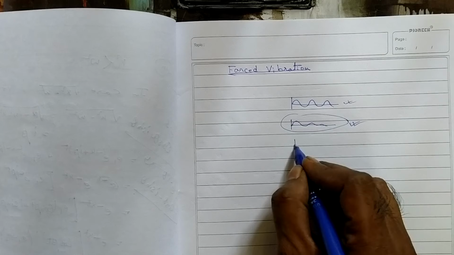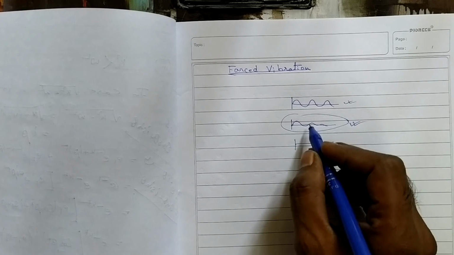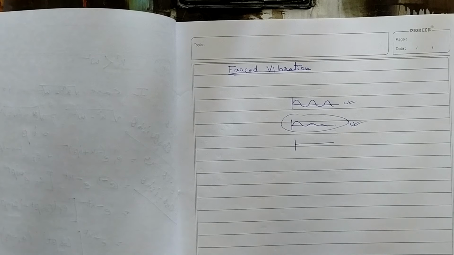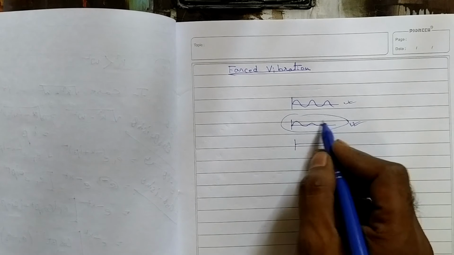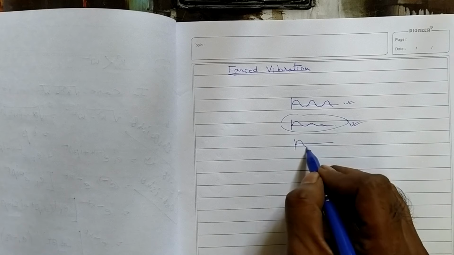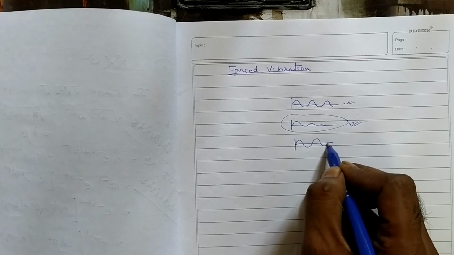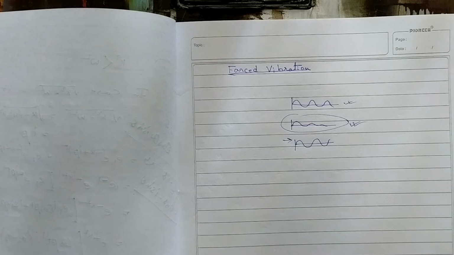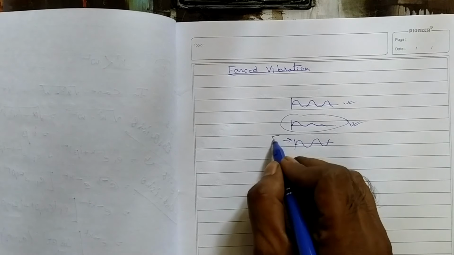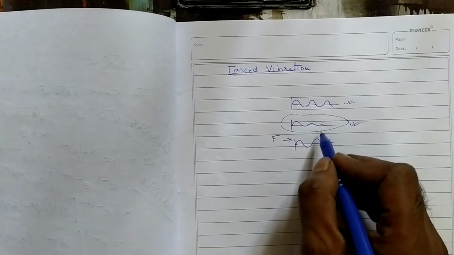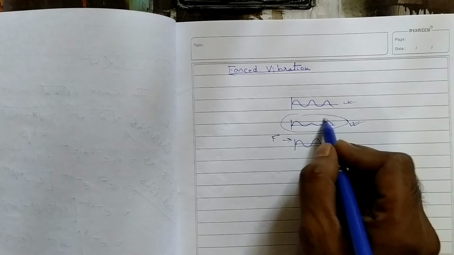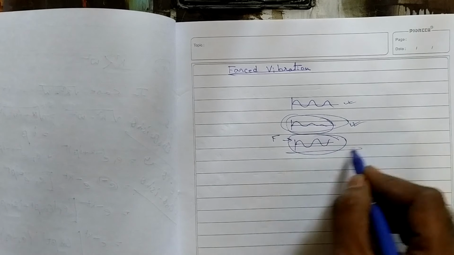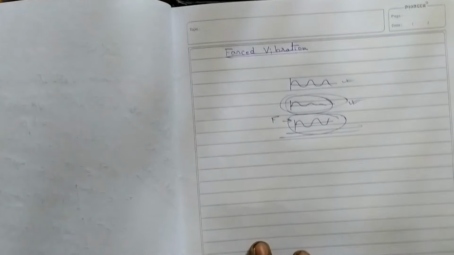Then you need some external force to continuously increase the amplitude of this oscillation. Then you get a standard simple harmonic oscillation through an external influence force, and such oscillation is known as forced oscillation.